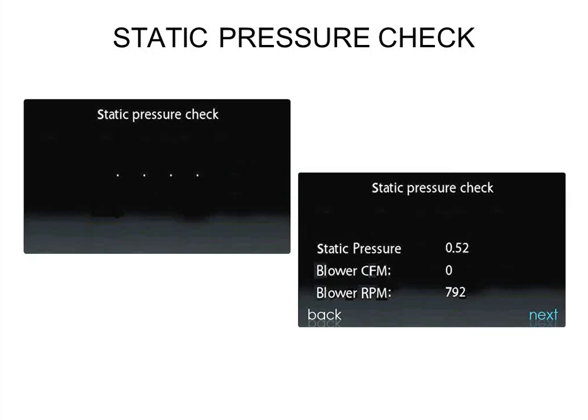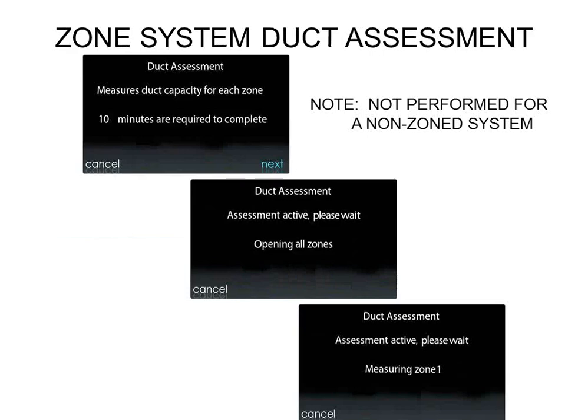So it's always knowing what the static pressure is that it's operating at and the current CFM that it's delivering. So as the filter gets dirty, it'll increase the blower RPM in order to get the same CFM that is required for your particular mode of heating and cooling. And then when the filter is actually dirty, it'll alarm you based on that. If you got a zone system, it'll do the same thing for each one of the zones individually, opening them one at a time and figuring out their individual airflows.